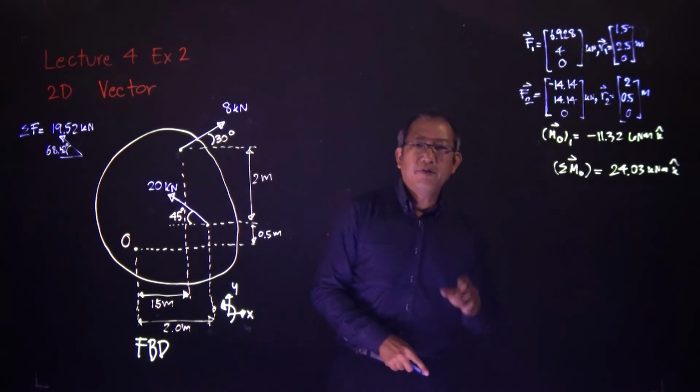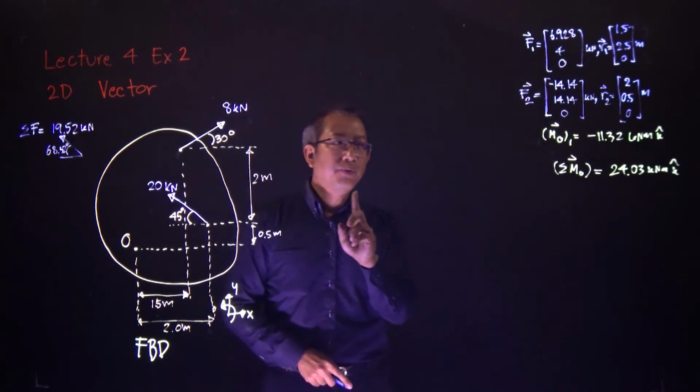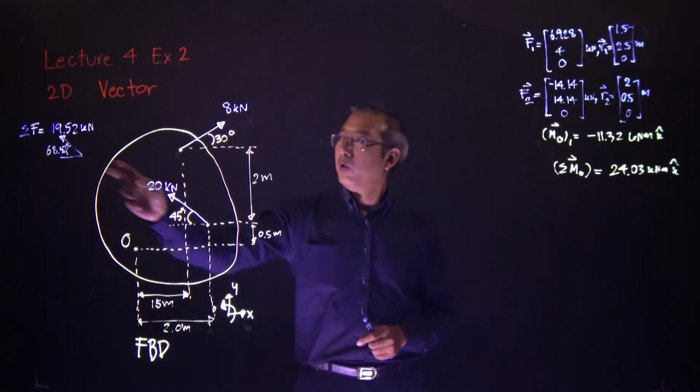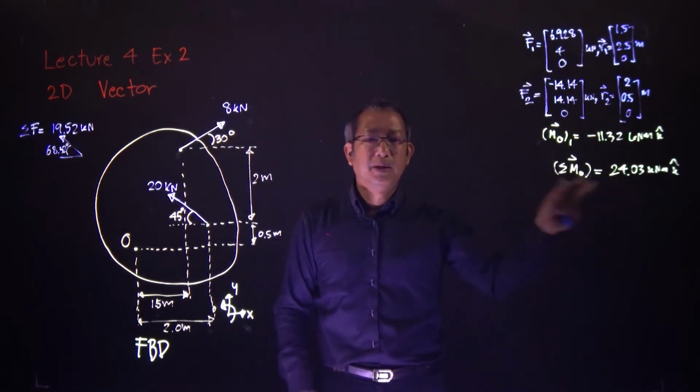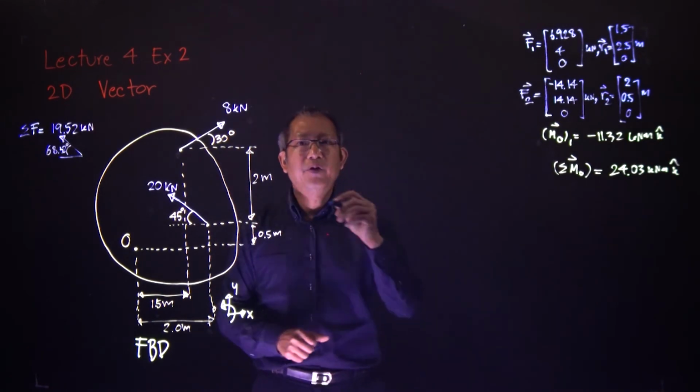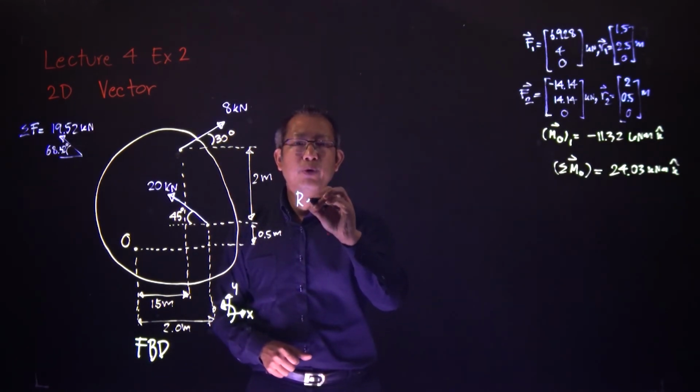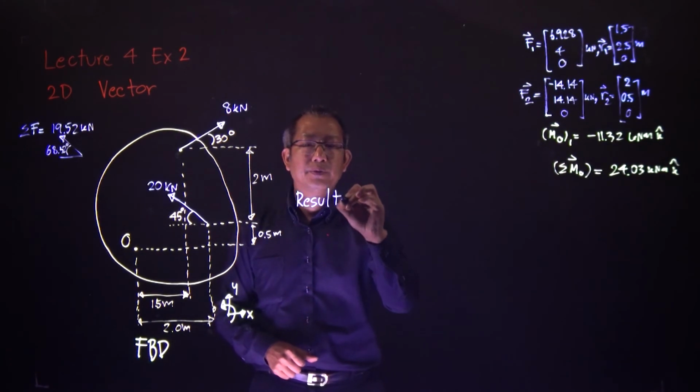Okay, now after all this calculation, in fact, we have only two answers here. One is the resultant force and one is the resultant moment. So let's do this. The first answer, I will put in the resultant force for now.